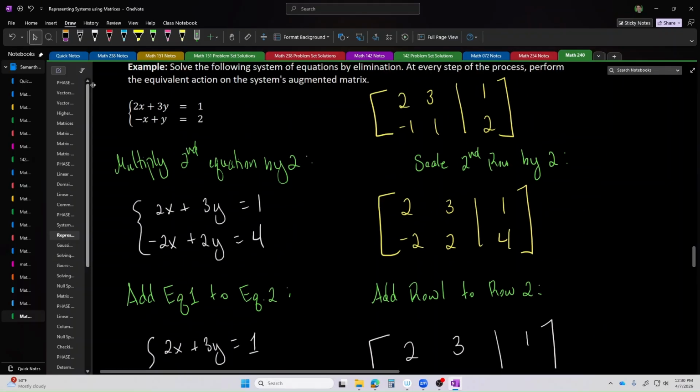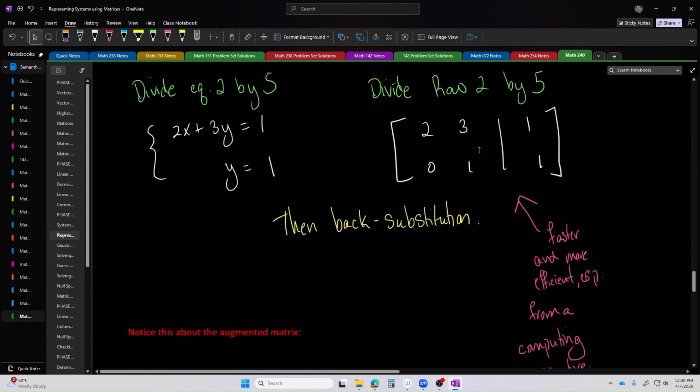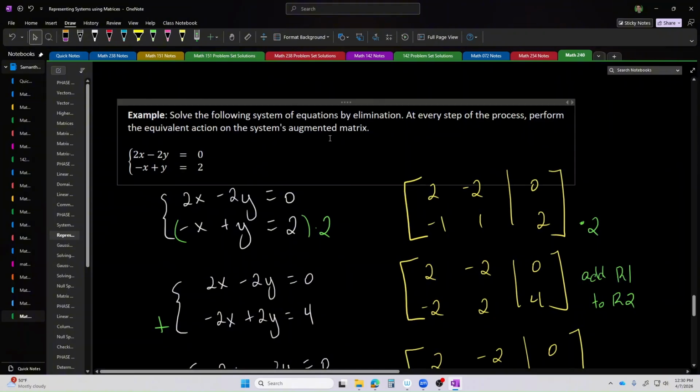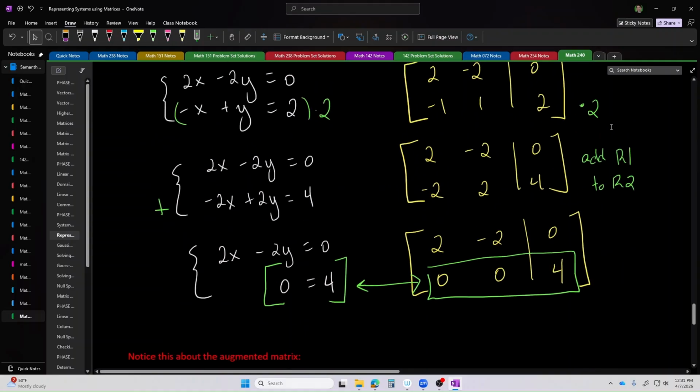If we had a system of equations that had one solution, in our bottom row, we ended up with a non-zero value to the left of the bar. Notice that in the case where we had no solutions and our system was inconsistent, we ended up in a situation where we had zeros to the left of the bar, but we had a non-zero value to the right of the bar.